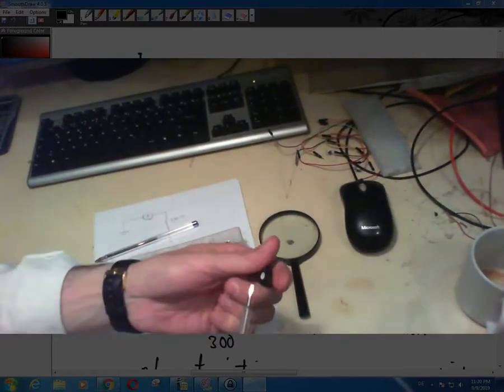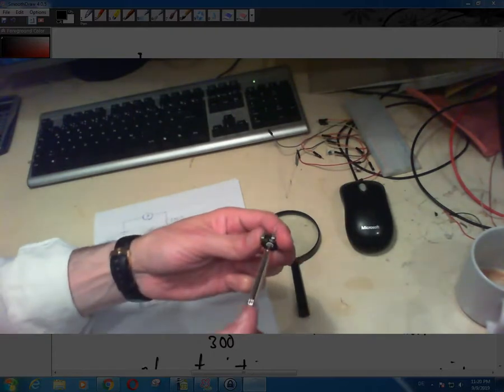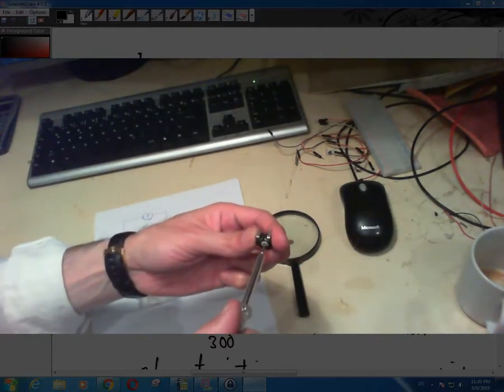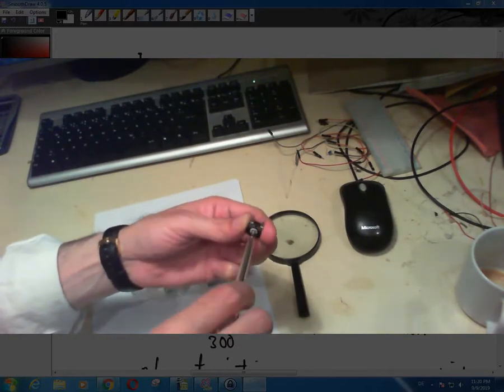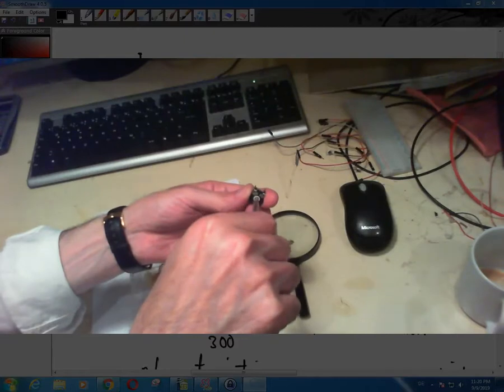You can use some screwdriver in order to turn this, and then the resistance of the potentiometer changes. You can just turn this thing this way, and then it changes.